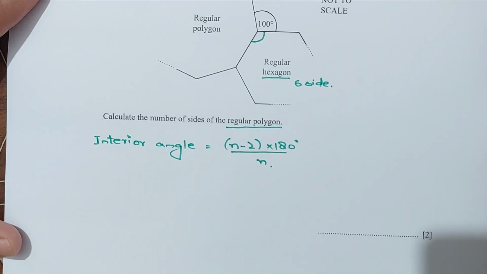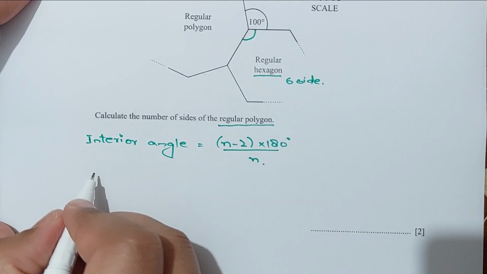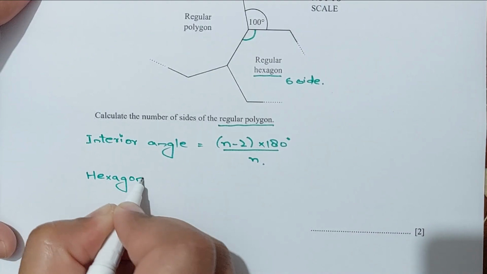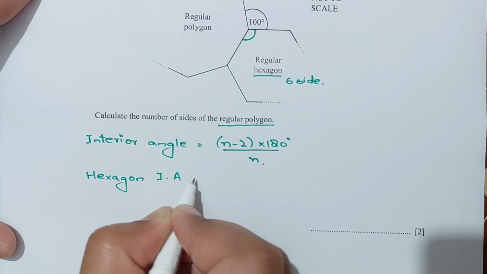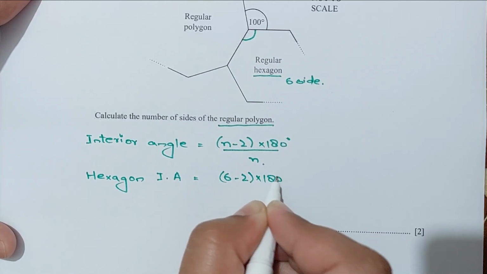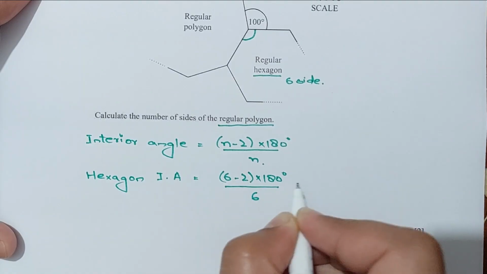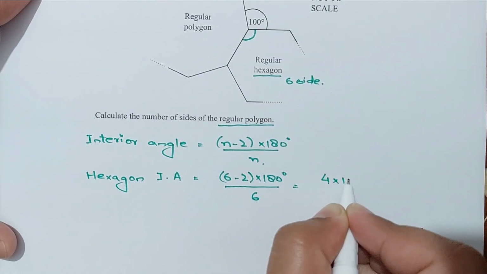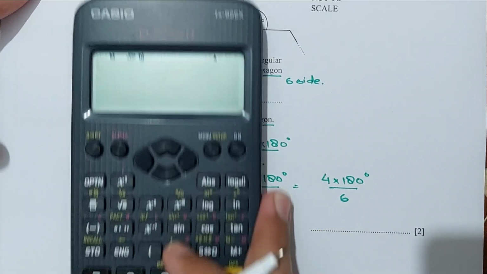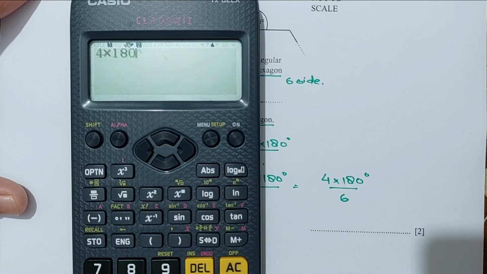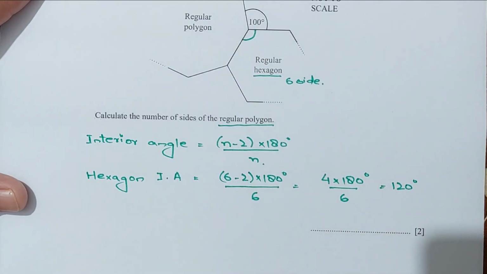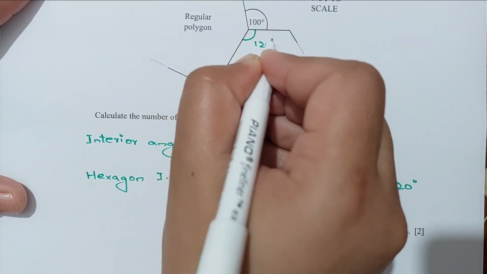With 6 sides, it is 6 minus 2 times 180 degrees divided by 6. 6 minus 2 is 4, times 180 over 6 is 120 degrees. So each interior angle of a regular hexagon is 120 degrees.